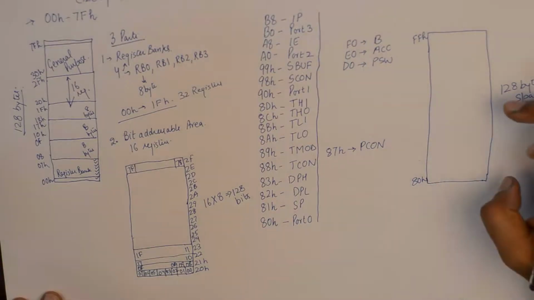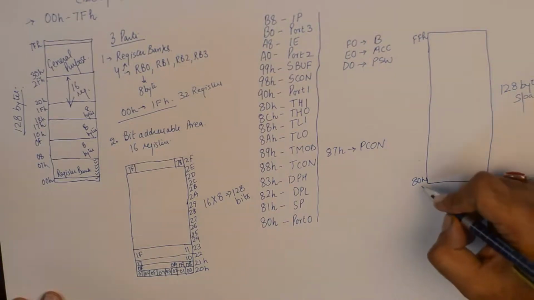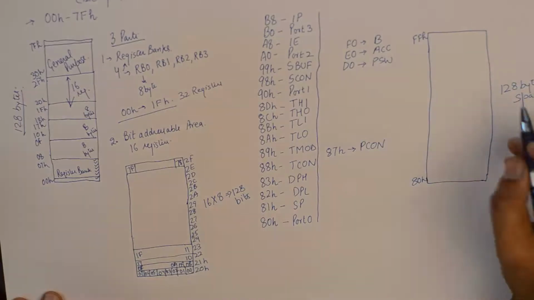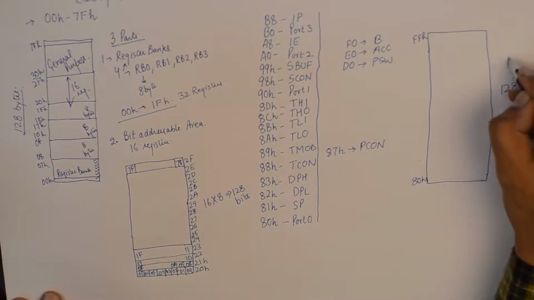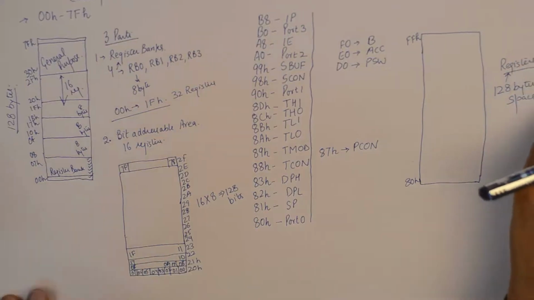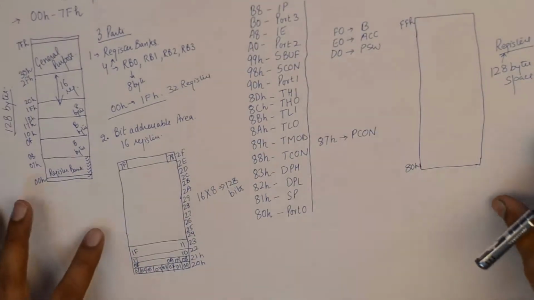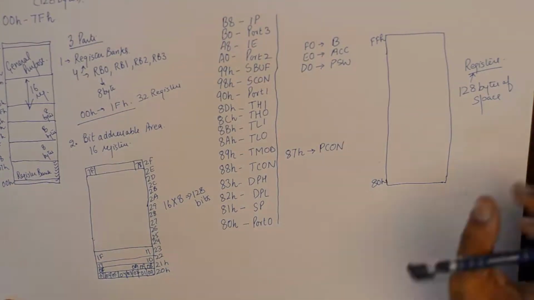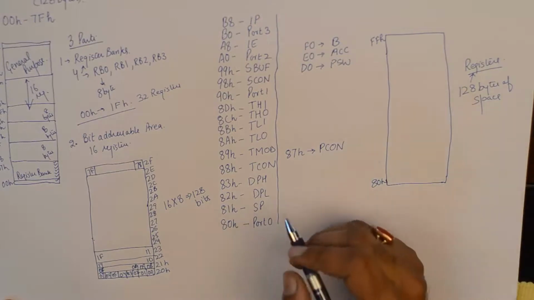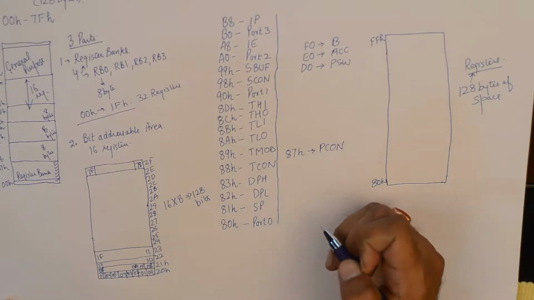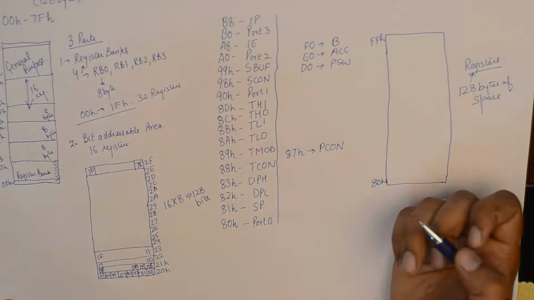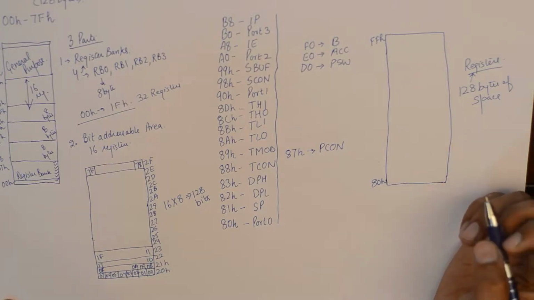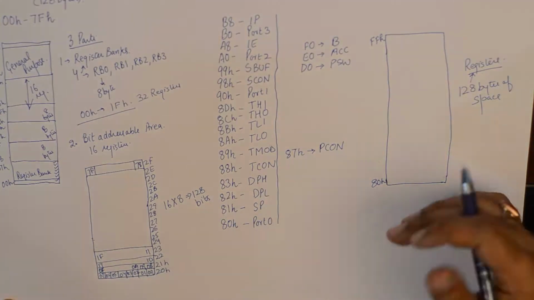But this extended space starting from 80H to FFH, which has 128 bytes or 128 registers, will only have 21 registers which can be accessed by the users, and those are scattered all over the place.